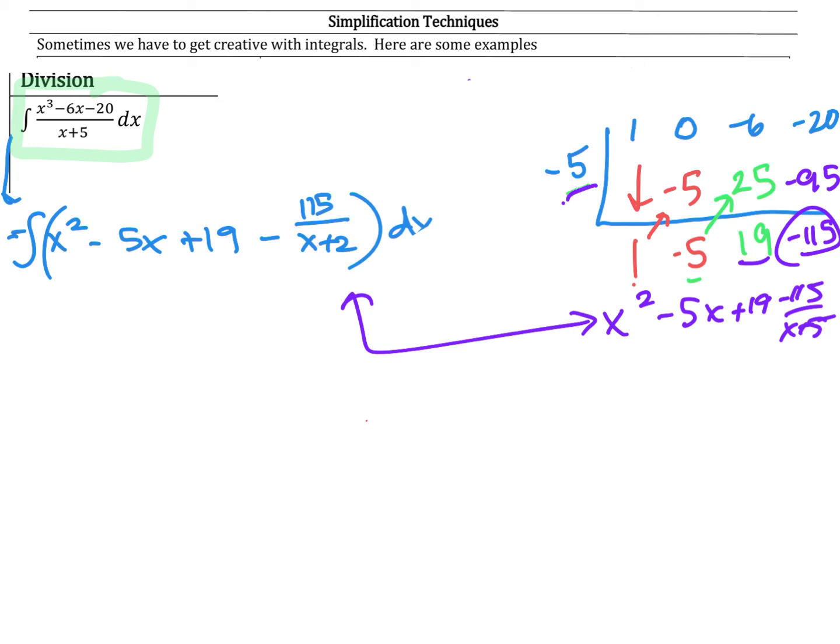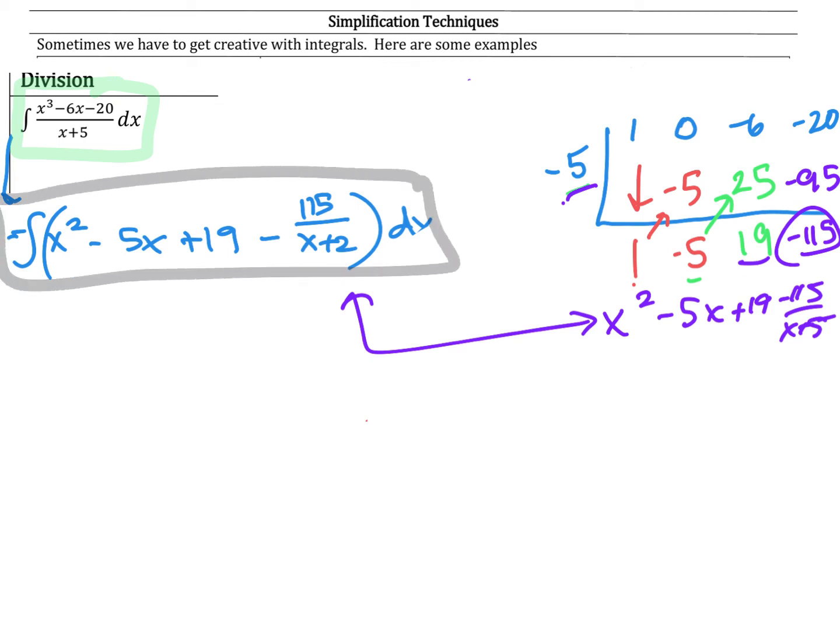But by taking the algebra 2 skill of long division or synthetic division, dividing as a whole, we can change that integral to become this integral. And this integral, we could integrate just simply using the power rule. So I could add 1 to that exponent and divide. I can give 19 an x.